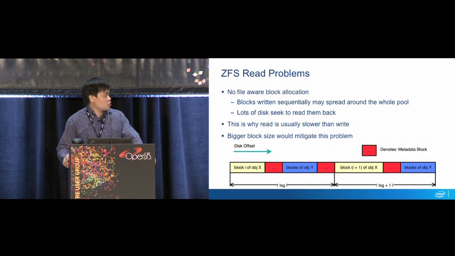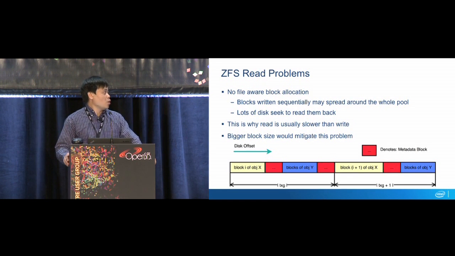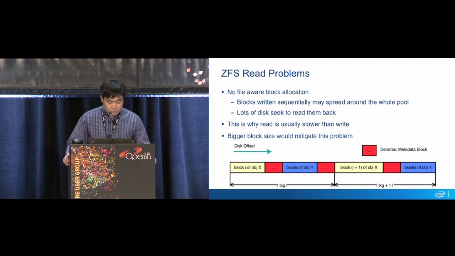In ZFS, there's no file-aware block allocation, which means blocks written sequentially at the file level will be discontiguous on disk, and actually may spread around the whole pool. We've had a lot of discussion like this on Jira tickets. Therefore, when reading them back, it will produce a lot of disk seeks to locate the data blocks.